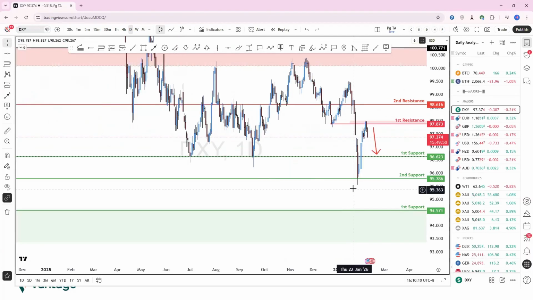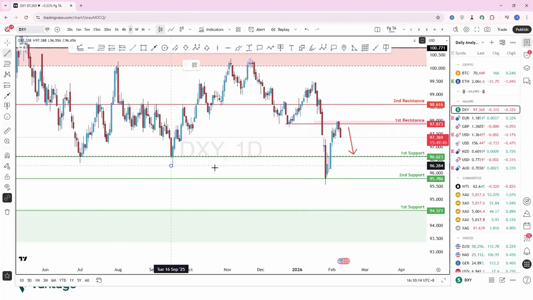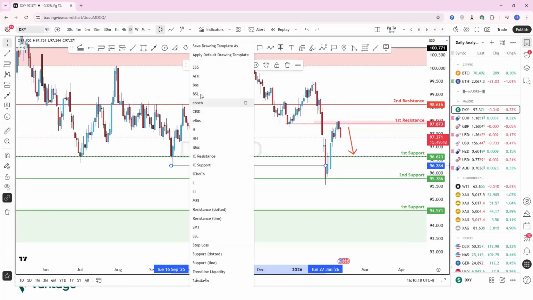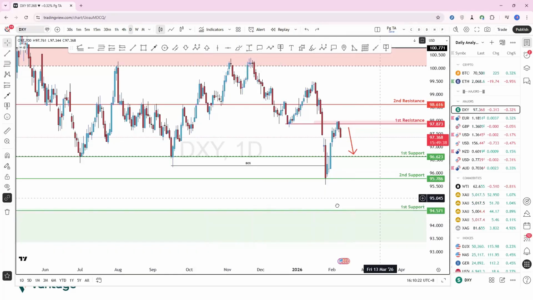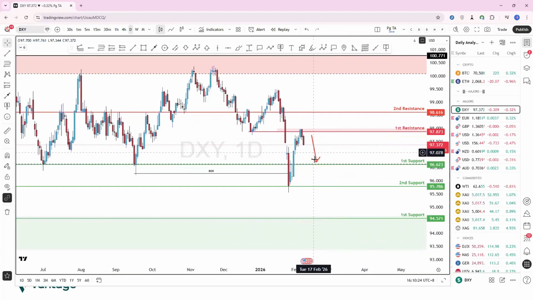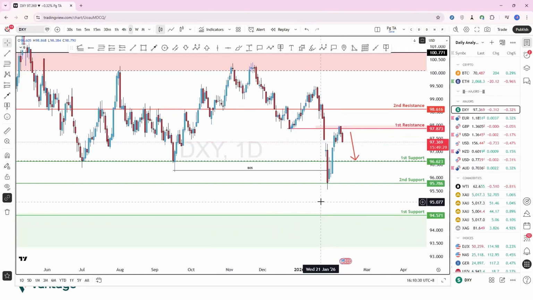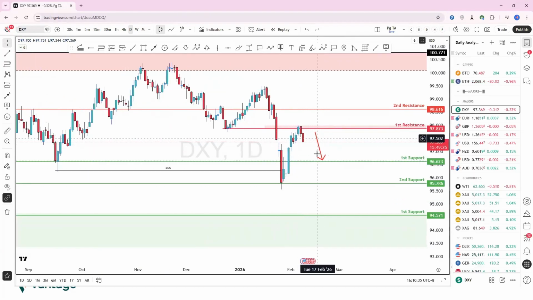Look at the D1: price has made the breakout structure, following the monthly time frame. On the monthly time frame, our swing is here, and here is for the D1 time frame. You can see it's falling already.